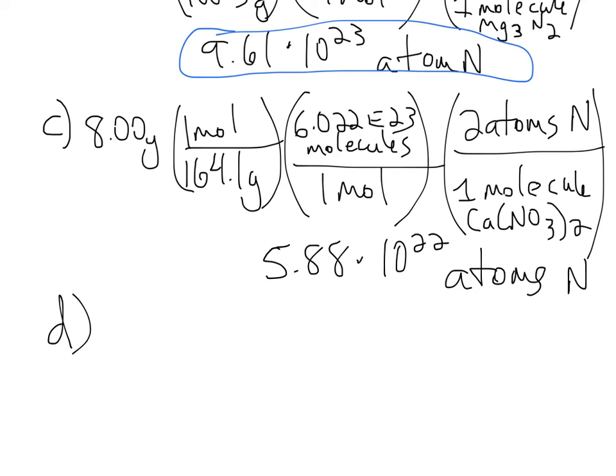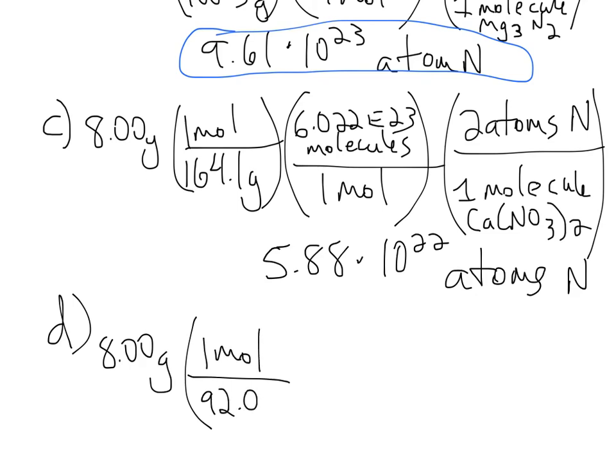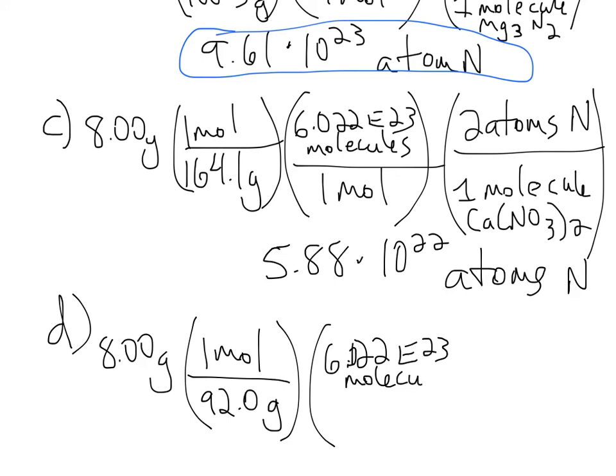Part D, they ask us about dinitrogen tetroxide, N2O4, the molar mass of which we had established was 92 grams for every 1 mole. And once again, you'll be multiplying by Avogadro's number in the numerator. That gives you number of molecules for every 1 mole.